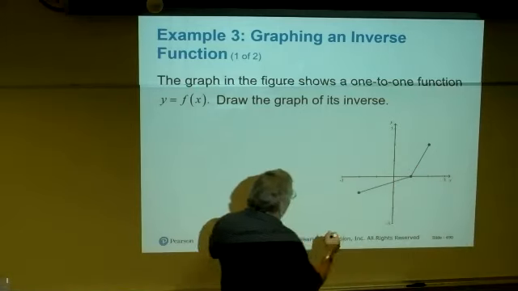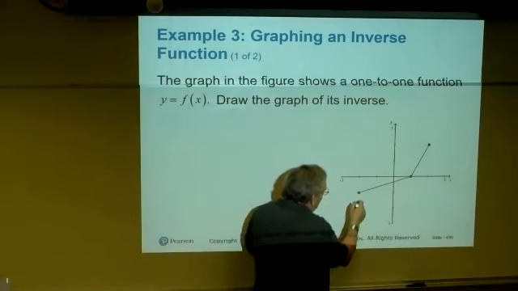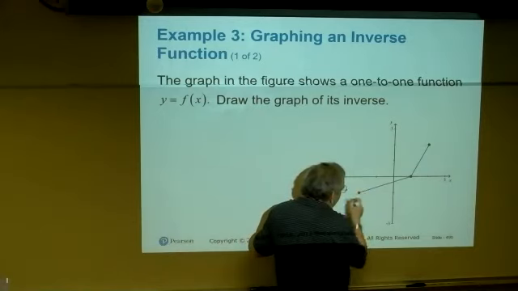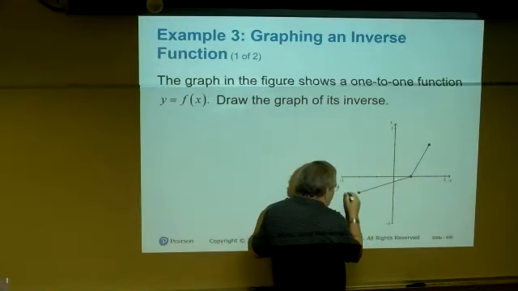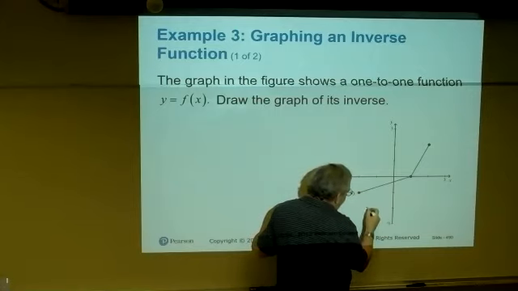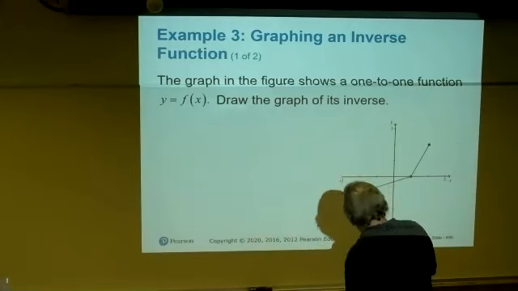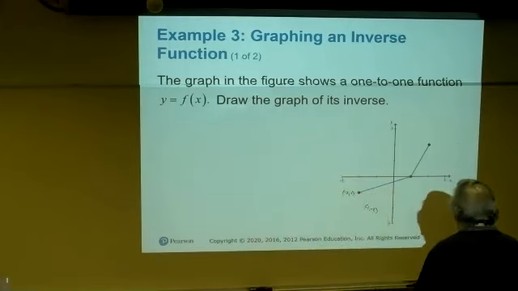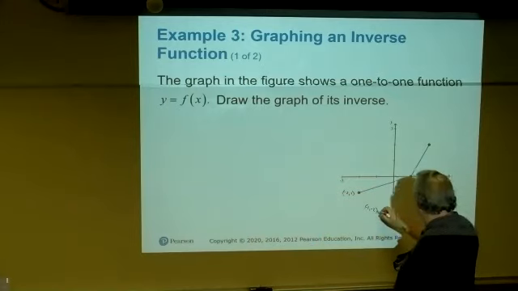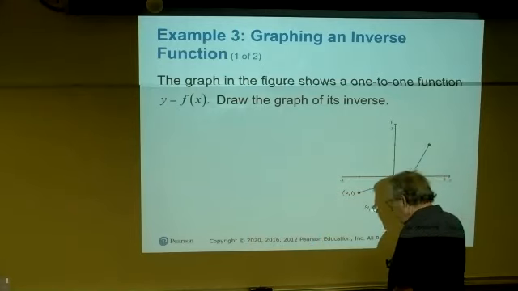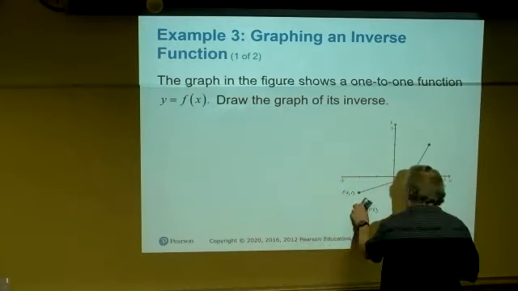So if we follow that, this point here is -2, -1. If I switch my -2 and -1, I get -1, -2, which is right here.